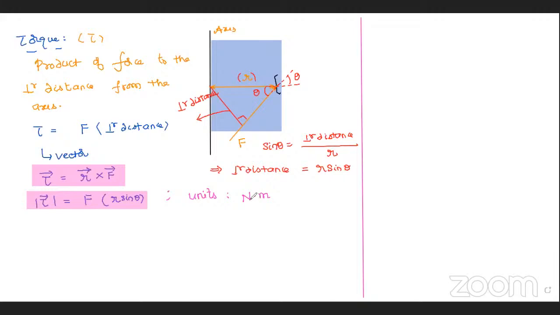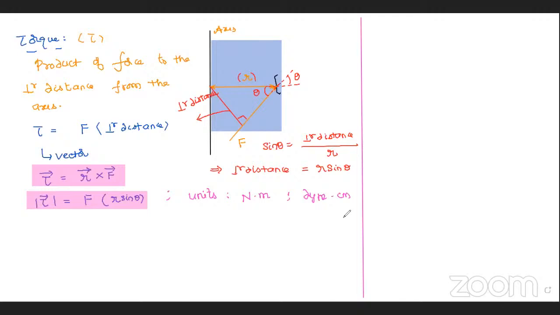No other name. Just Newton into meter. That's it. And in CGS, that is dyne into centimeter. Don't say ergs. Both are equal to joule, but we are not representing with those units. They are just trying to distinguish the cross and dot products.